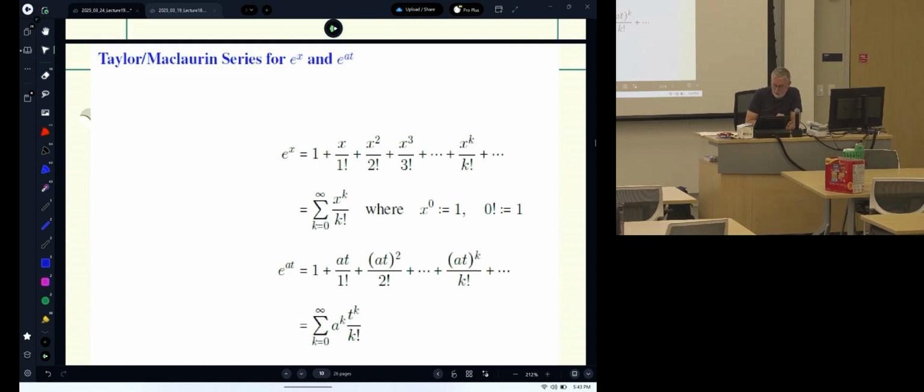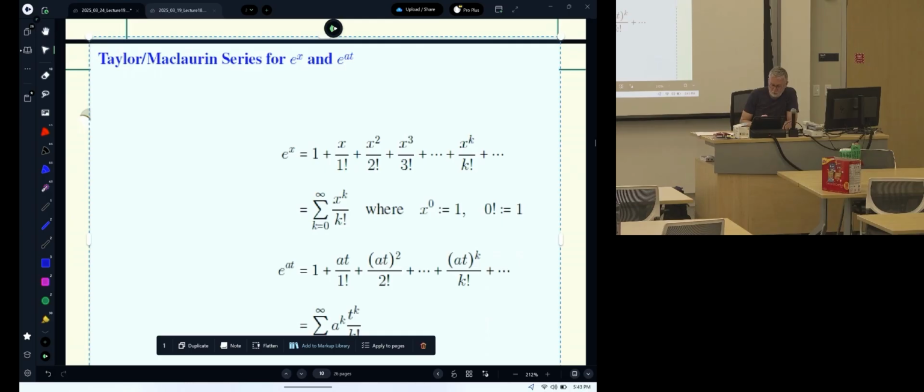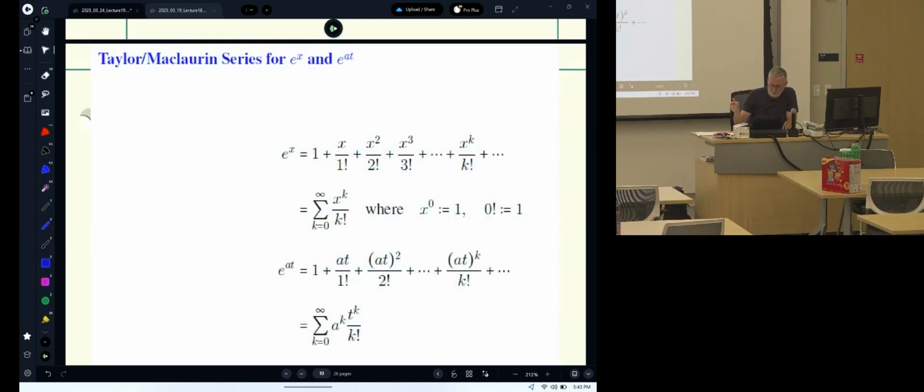And so e to the x evaluated at the origin is 1. Its derivative is e to the x. We evaluate that at the origin as 1, so we multiply by x over 1 factorial, and its second derivative evaluated at the origin is 1 times x squared over 2 factorial, etc. So that's the Taylor series.